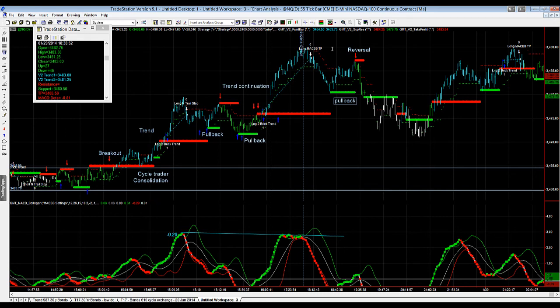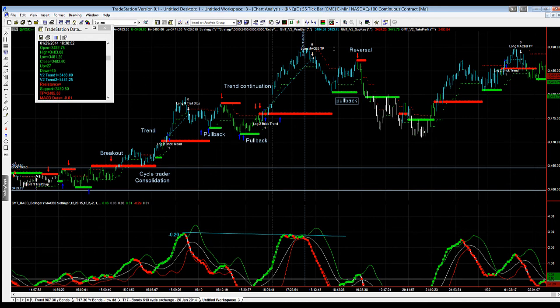So even if this pullback doesn't make money, we could potentially jump on the reversal here. So you can see how we're playing the dynamics of this market. We're actually trying to get as much juice out of this move as possible. And when we get to a point where we're basically trading like this, we have the potential to make a lot of money because of the dynamic setups.